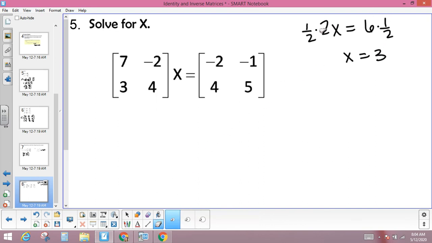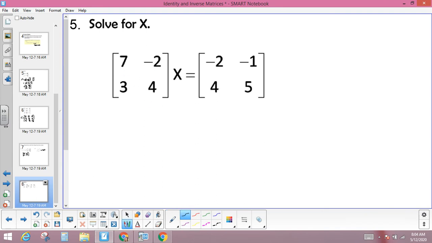All right, so using that same concept, what I want to be able to do is get this matrix to go away. So I have to multiply it by its inverse.